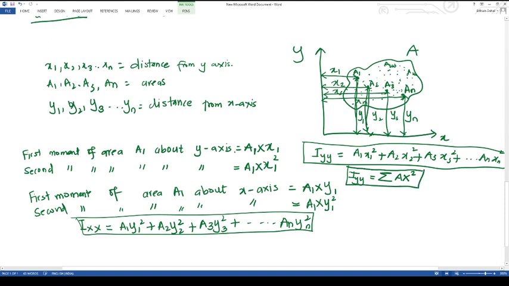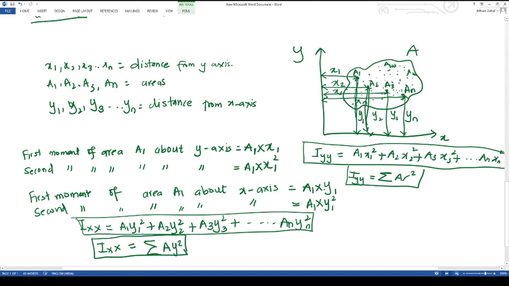Similarly, Ixx will be equal to the total summation of areas times the distance, and the distance is y squared. So we have the generalized form for both Ixx as well as Iyy.